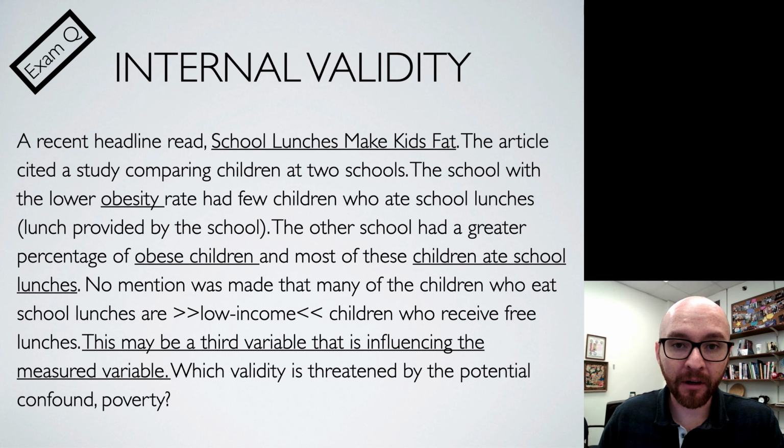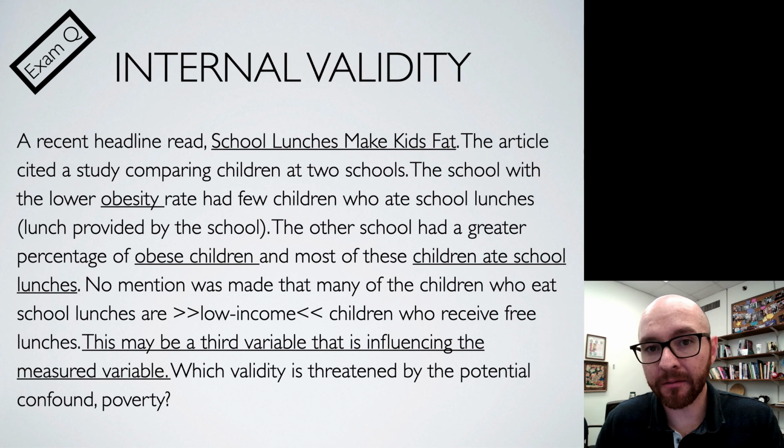Low income children might be part of households where both parents are working, maybe working multiple jobs. Maybe they're not home to cook a healthy meal. So the children have to eat Maruchan, like a cup of noodles, less healthy fast food. And that might explain why the obesity rates are higher among those children, right? So whenever you have an alternate explanation, a possible alternate explanation, you have an issue with the internal validity.